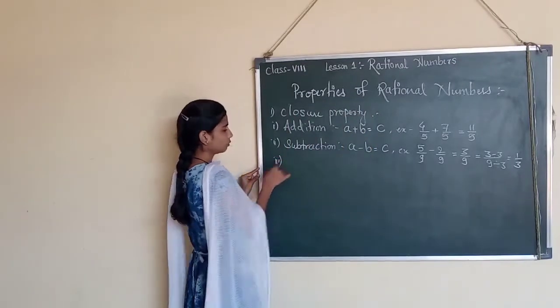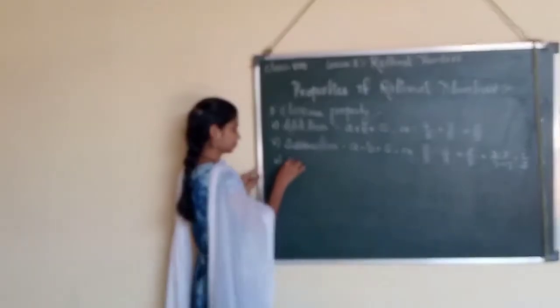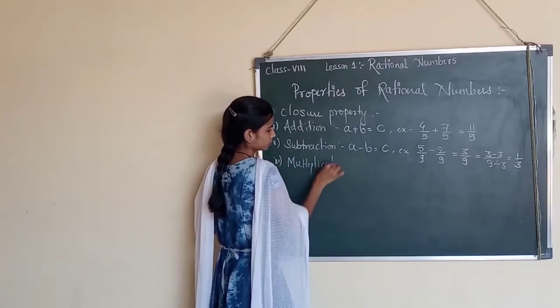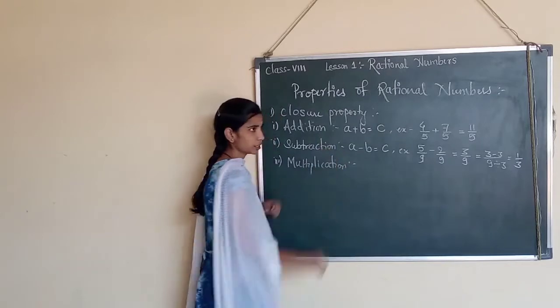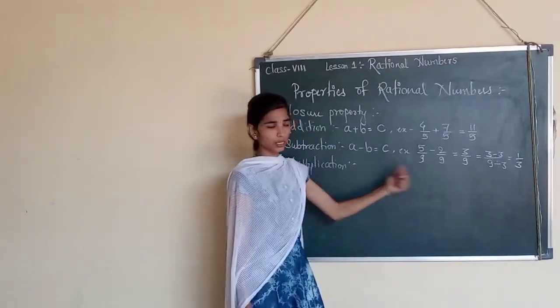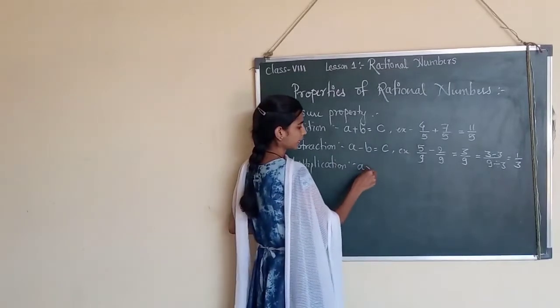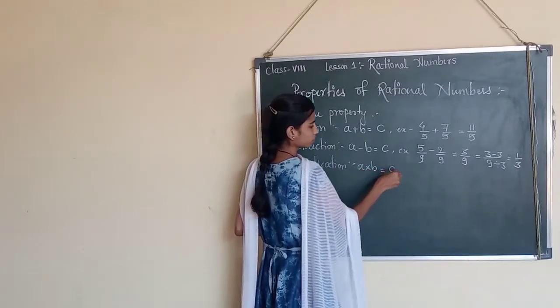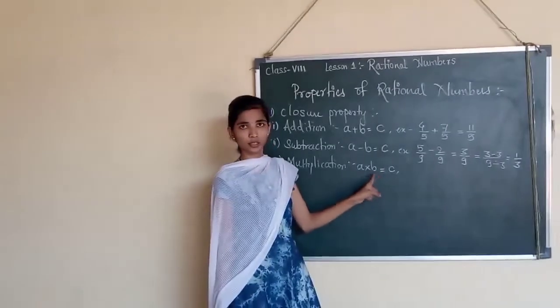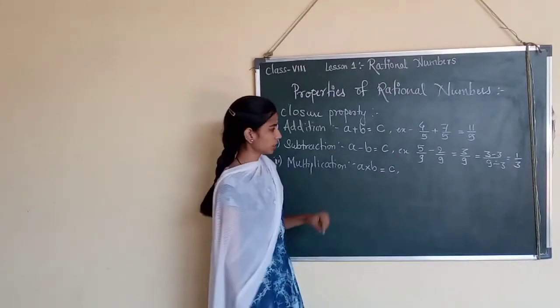Next, we'll see multiplication. Multiplication of any two rational numbers will be a rational number. Means a into b is equal to c. When you consider two rational numbers a and b, their product will be a rational number.